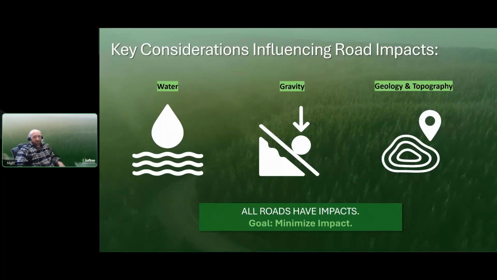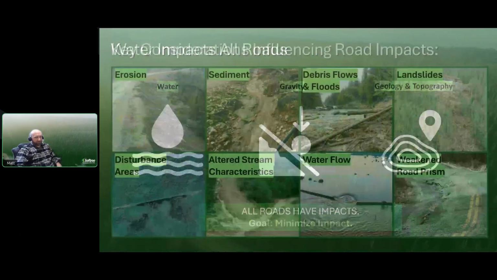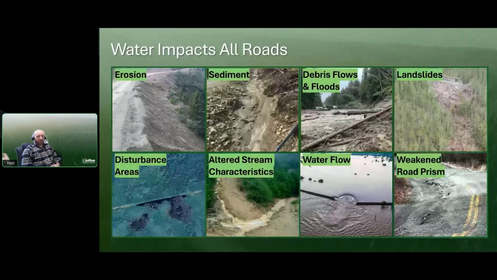And we must acknowledge that every road has some level of impact. We want to understand the impact that we expect to have beforehand and minimize it. So where does water come in? Well, water is going to be a key factor in erosion, sediment delivery, debris flows, landslides, disturbance area. And again, it doesn't have to be something as dramatic as a landslide.